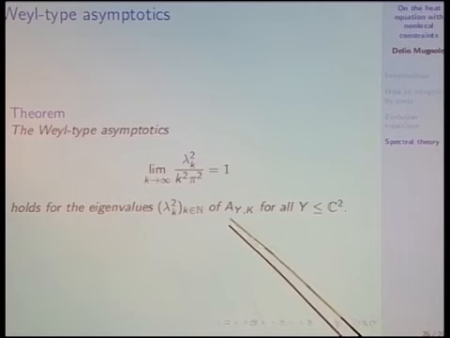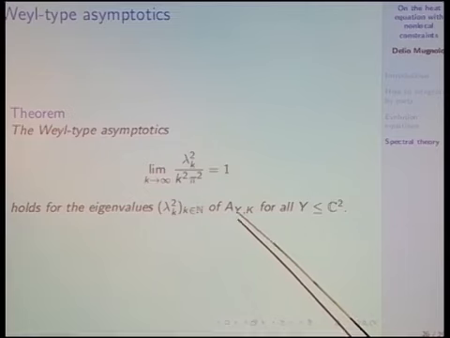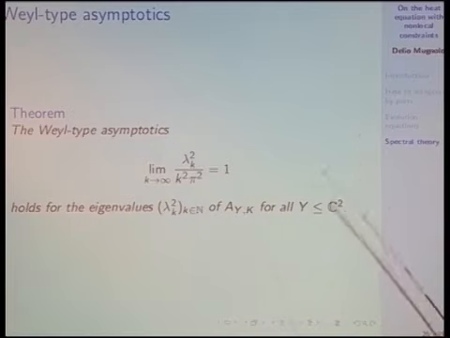So it is comforting, if you wish, that this asymptotics also holds for these non-local boundary conditions. And again, the methods to prove this are completely different from the boundary conditions case, because in that case you usually work with some explicit formula for the heat kernel, which you don't have at your disposal here.